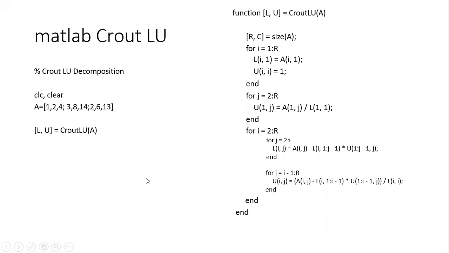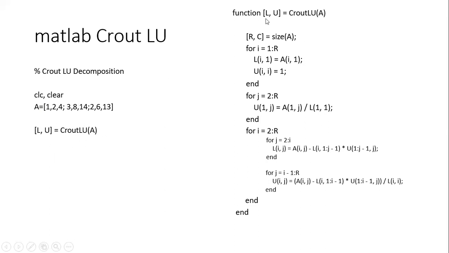Okay, so using MATLAB, we can enter this algorithm for the Crout LU decomposition of the coefficient matrix A. Of course, we need to enter the entries in the coefficient matrix A, then apply this Crout LU command in the command window.